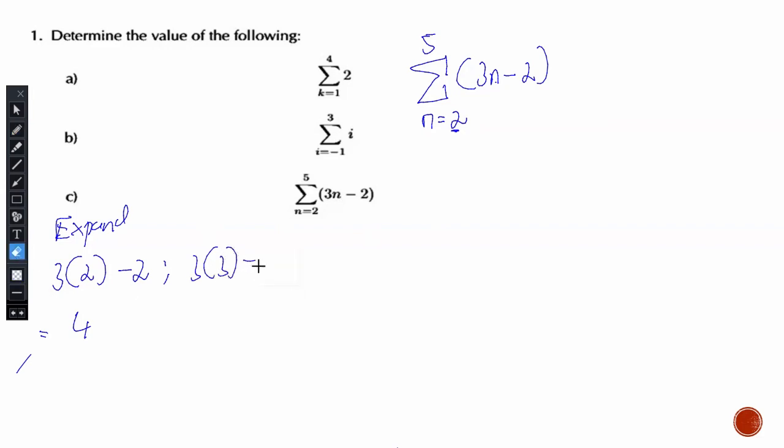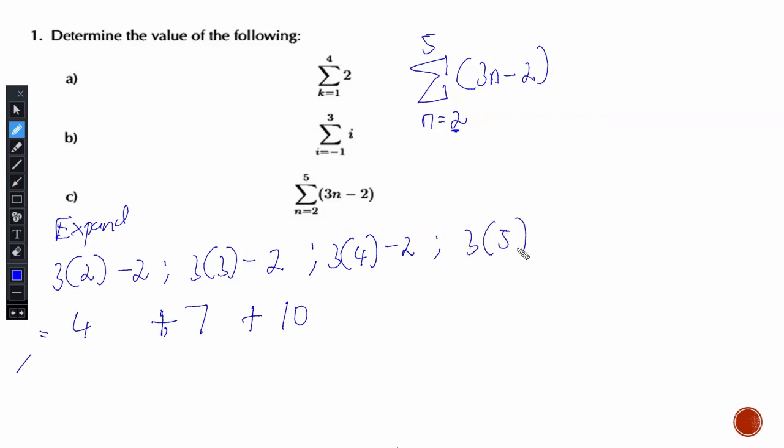And then going to 3. Okay, we have 3 times 3 is 9, and then minus 2, that will give us 7. And then now we have 3 times 4 minus 2. 3 times 4 is 12, and then minus 2, that will give us 10. Now we go to 5. 3 times 5 minus 2. 3 times 5 is 15, and then minus 2 is 13.